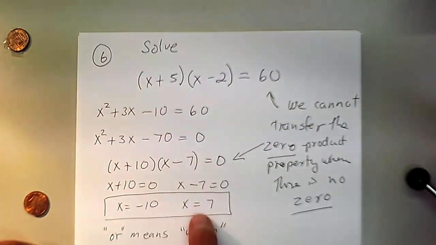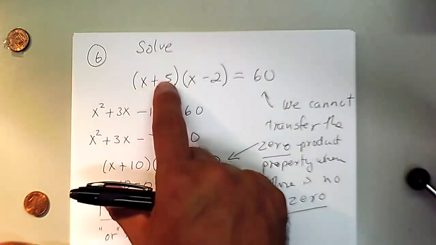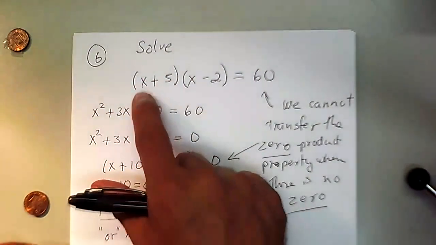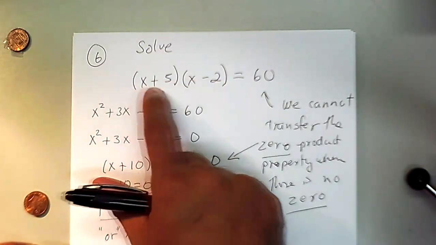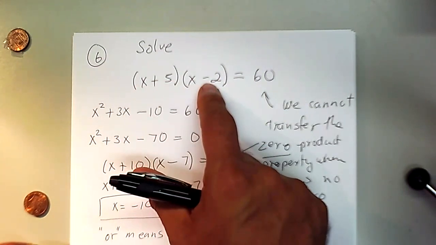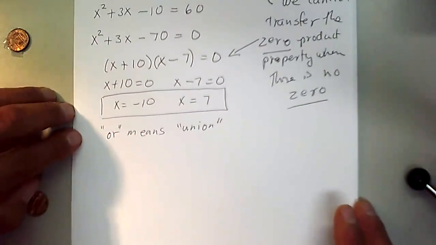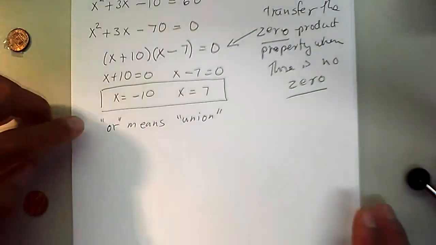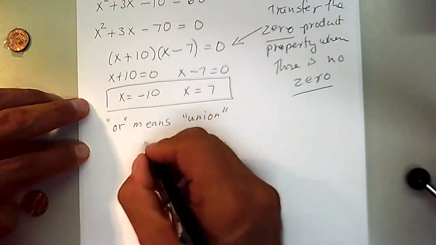If x was equal to 7, as we are claiming down here, then 7 plus 5 is 12, 7 minus 2 is 5, and 12 minus 5 is 60. Oh, we want to double check that. I want to review something. Let me write the equation here. So let's elaborate a little more.